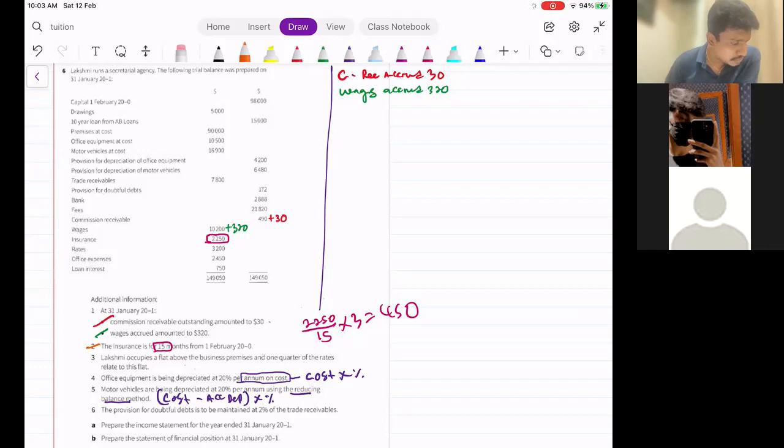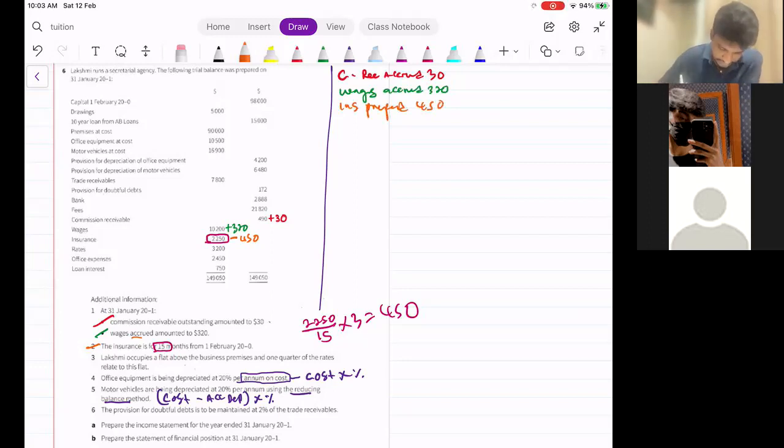Accrued is supposed to be plus, you go minus. You understand? Accrued means need to plus. Prepaid need to minus, but you go plus. Insurance prepaid need to minus 450. Then insurance prepaid 450. You understand?